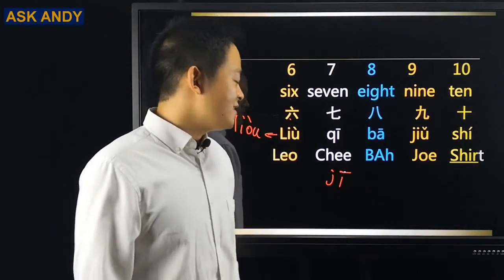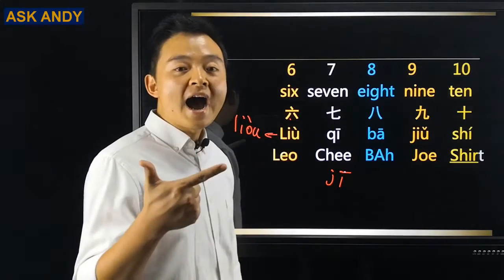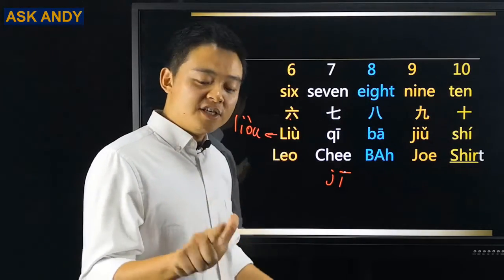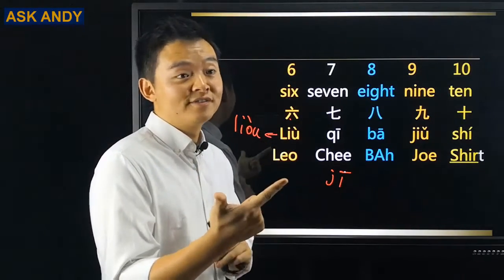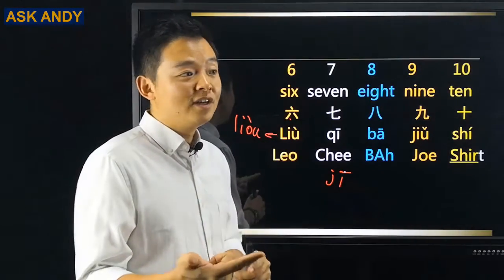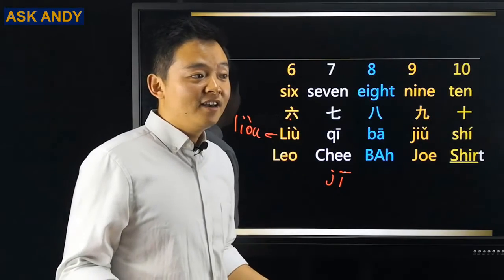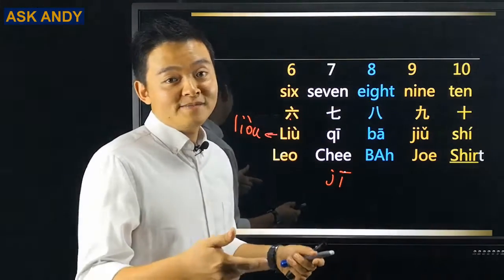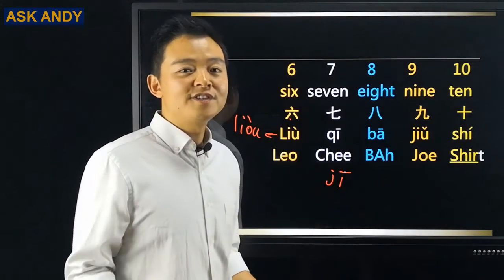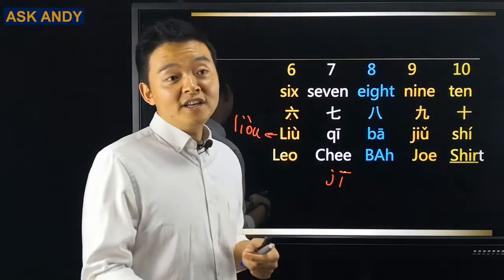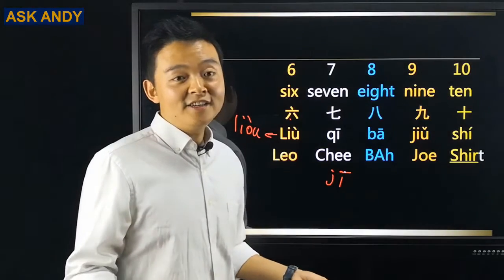And then for number 8, we say ba. See, this is number 8, ba. But remember, this is not number 2. Actually, I have a story to tell you. I had a student in Shanghai. He was there for the first time. He tried to ask for baozi in a cafeteria. At the very beginning, he didn't know how to speak any Mandarin.